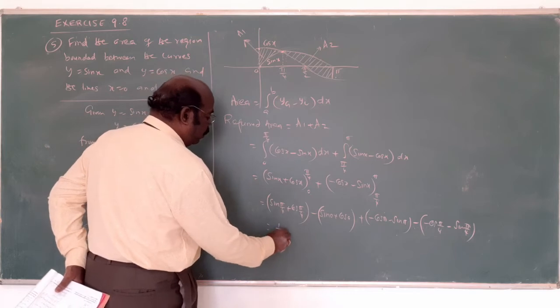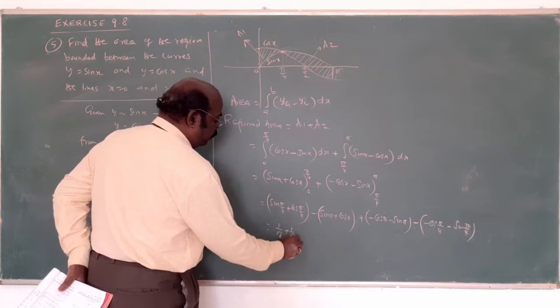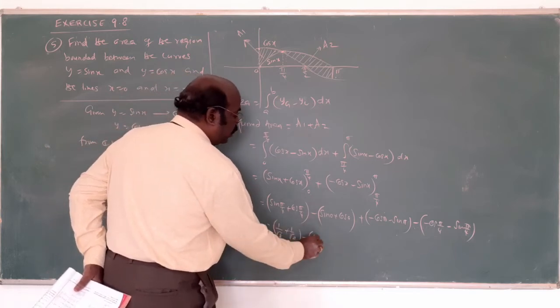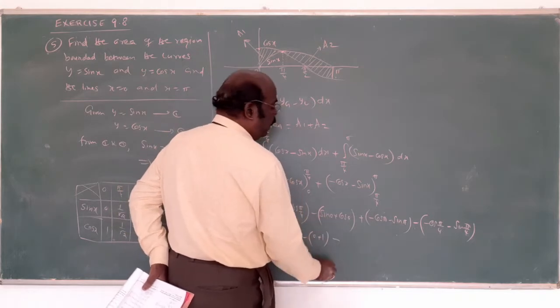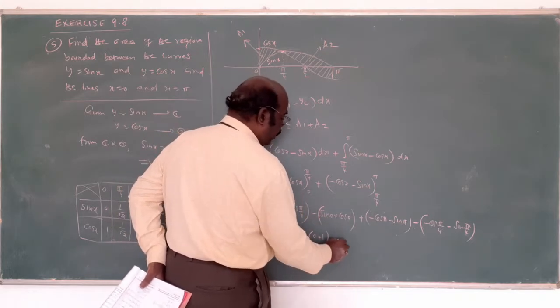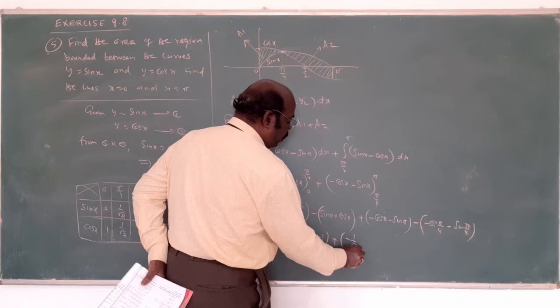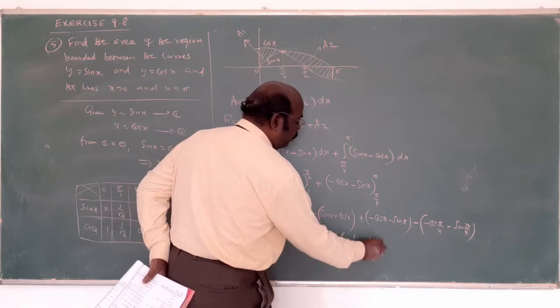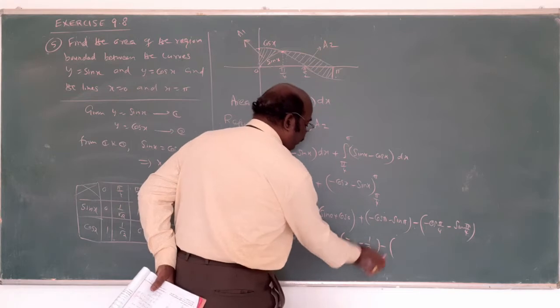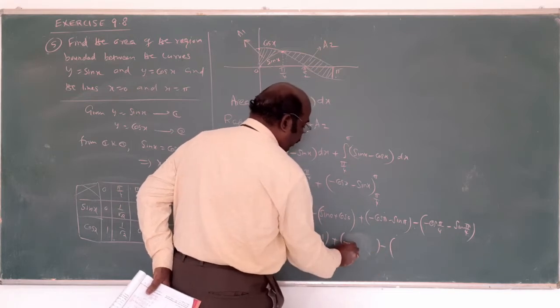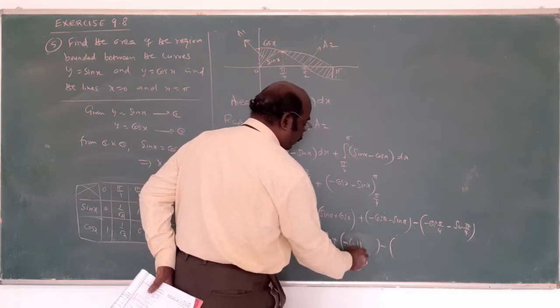Now this is 1 by root 2, this is also 1 by root 2, sin 0 is 0, and cos 0 is 1. Here minus 1 by root 2, here also minus 1 by root 2. Cos pi is minus 1, sin pi is 0.